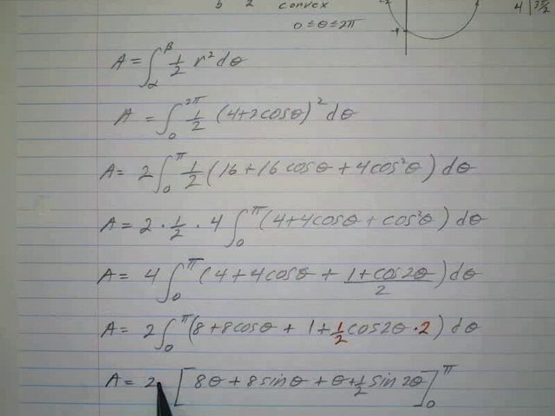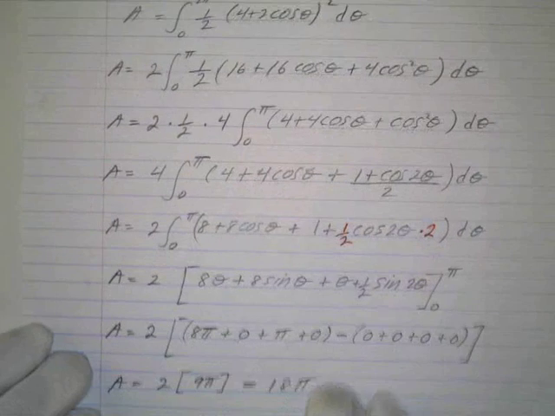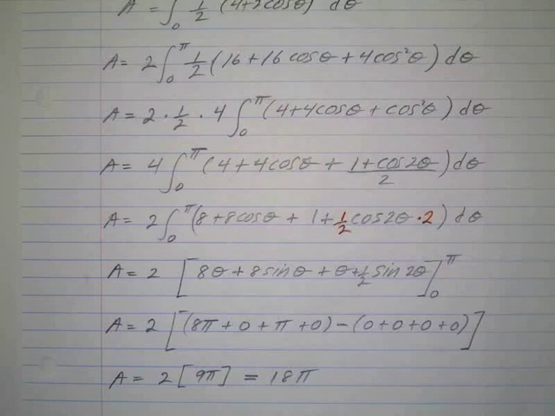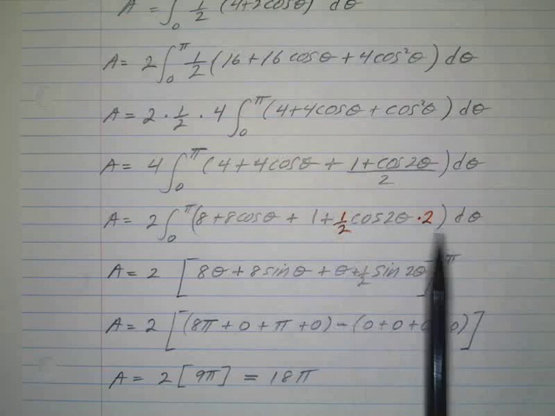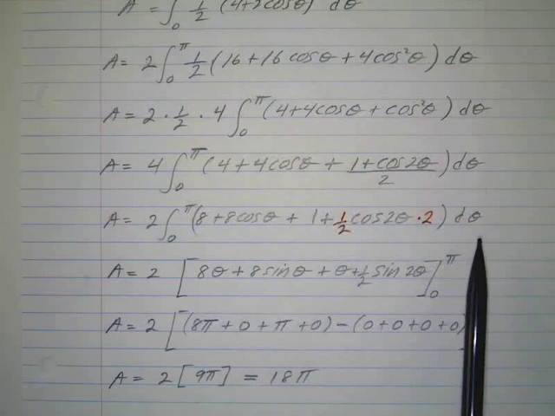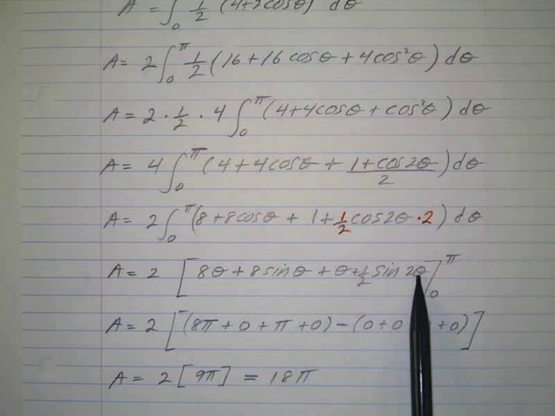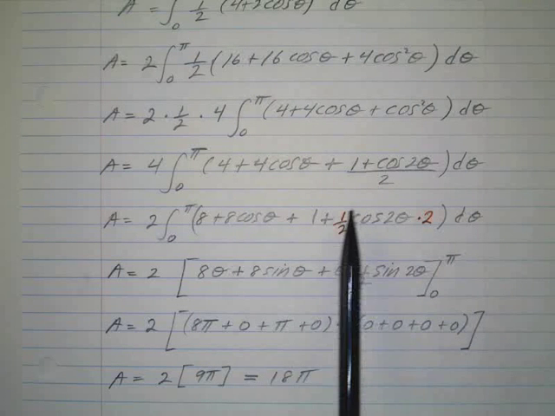So we take the antiderivative. We've got the 2 in front. We're going to evaluate from 0 to pi. So the antiderivative of the cosine is the sine of 2 theta with the 1/2 in front.